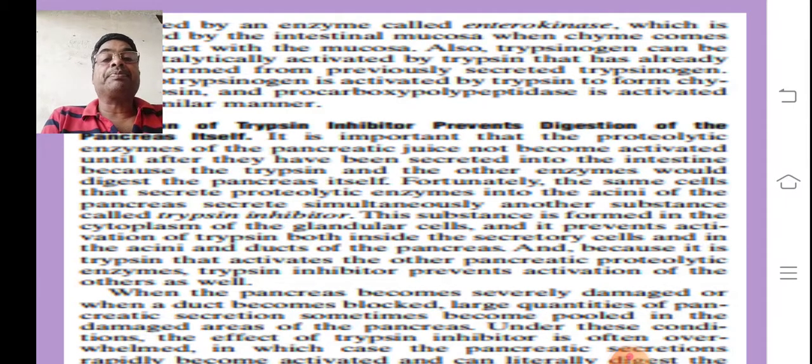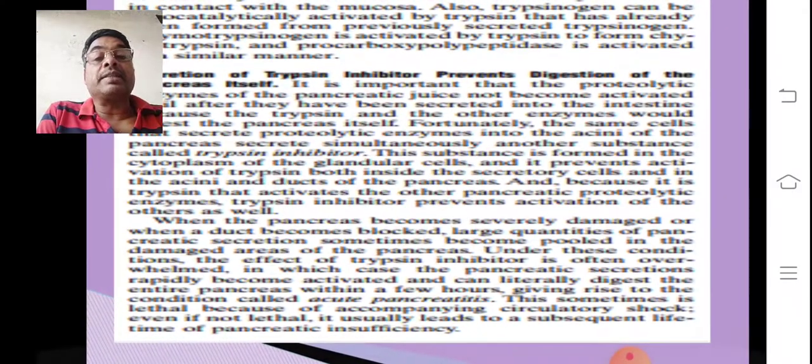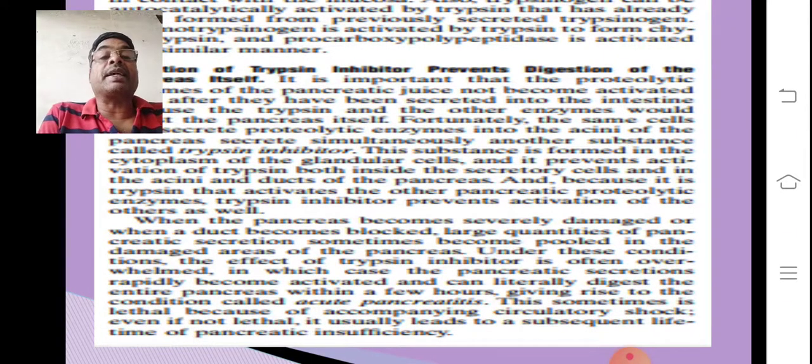When the pancreas becomes severely damaged or when a duct becomes blocked, large quantities of pancreatic secretion sometimes become pooled in the damaged area of the pancreas. Under these conditions, the effect of the trypsin inhibitor is often overwhelmed, in which case the pancreatic secretions rapidly become activated and can literally digest the entire pancreas within a few hours, giving rise to a condition called acute pancreatitis.